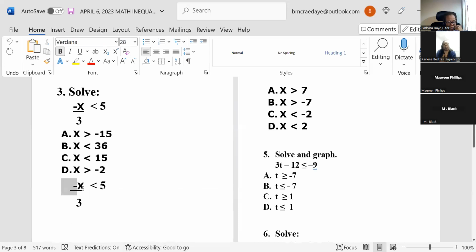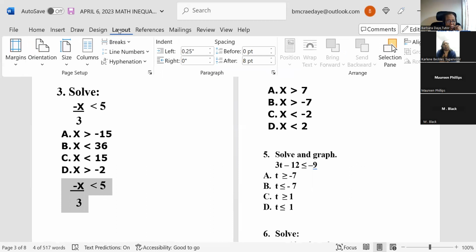What's your first step here? The X carries a negative sign. So I'm going to multiply 3 on both sides. Yeah, you multiply 3 on both sides, and that would give you what?